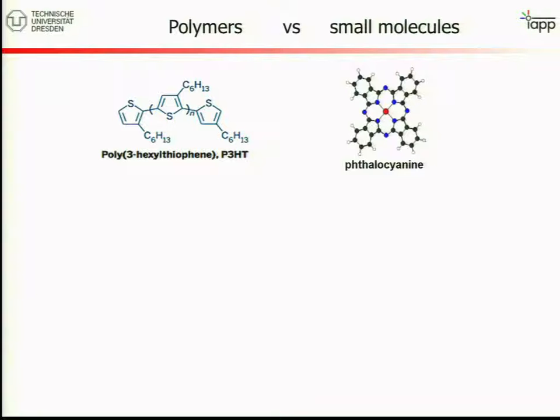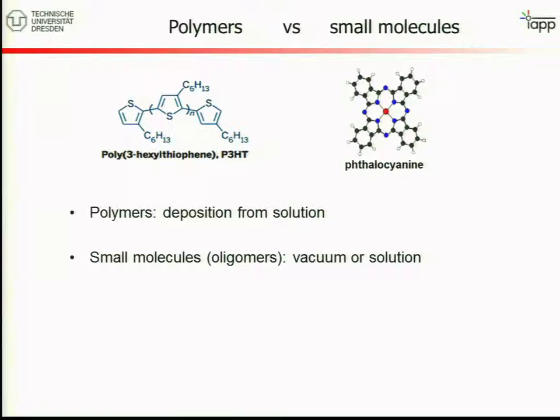Now, I should mention that there are two different technologies in the field. The one is longer chain molecules, polymers, and the other is so-called small molecules or oligomers. And the main difference is deposition. Polymers are usually from solution printing, whereas the small molecules are either vacuum evaporated or from solution. I will today talk mostly about vacuum evaporation.